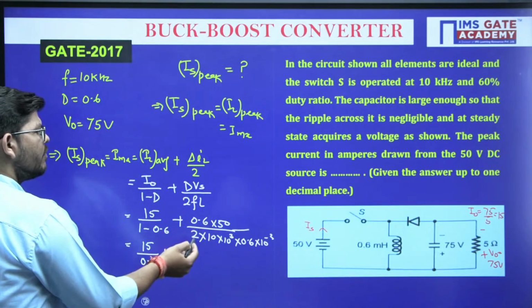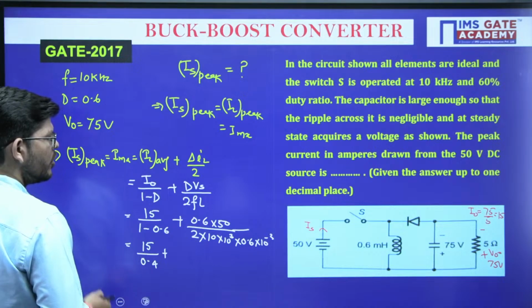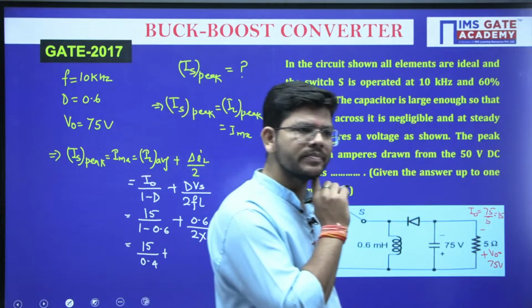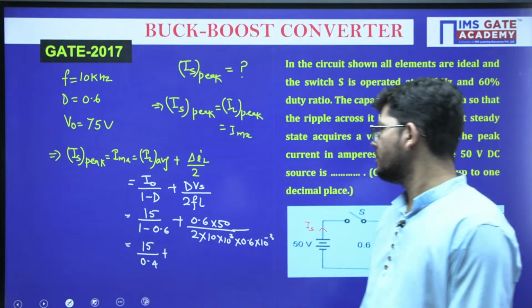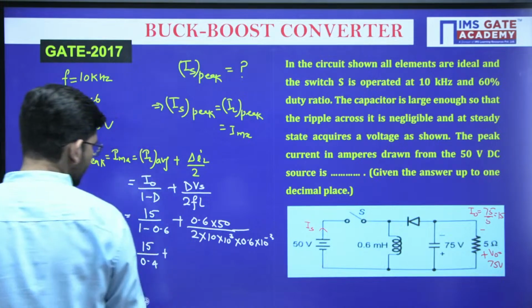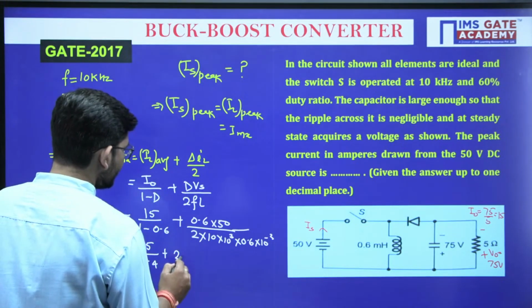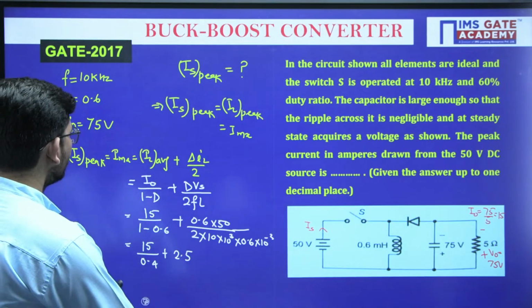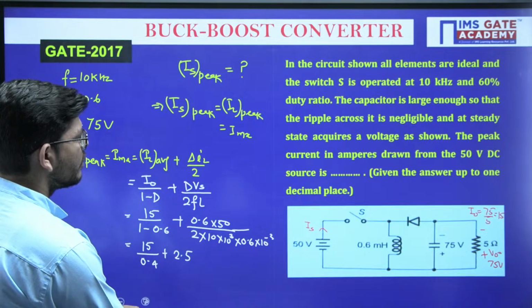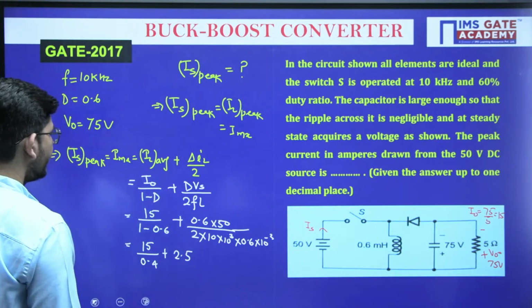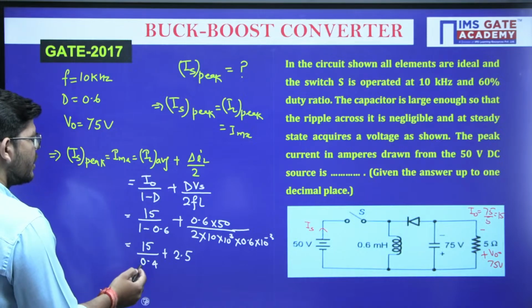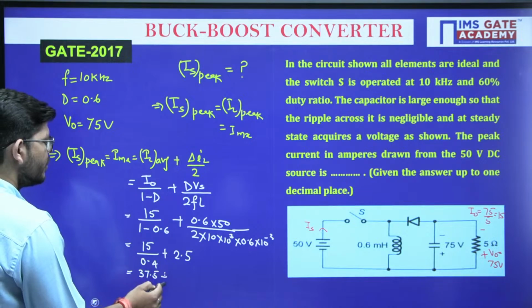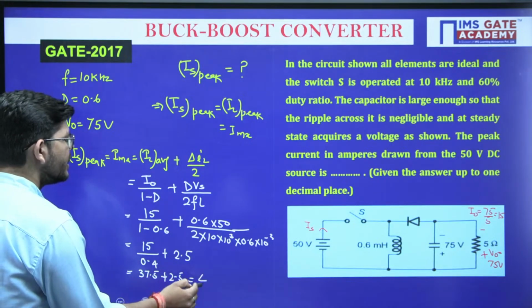We have 50 upon 20 here, that is 2.5. 15 by 0.4 is 37.5, plus 2.5, and that equals 40 ampere.